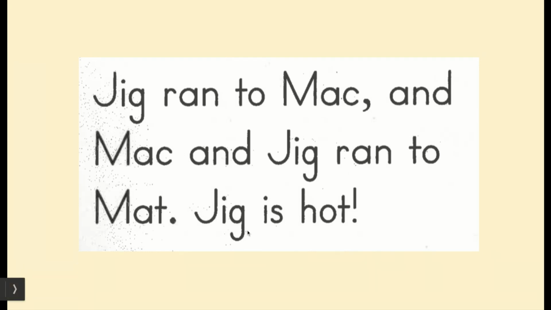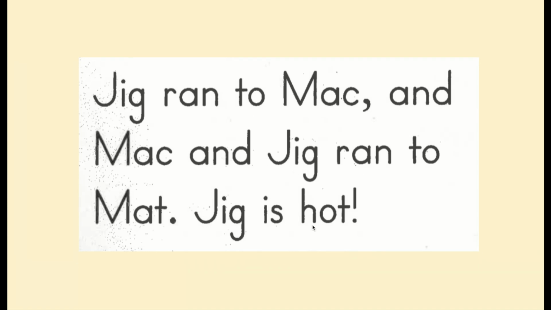Jig is hot. Now that's an exclamation point, so we need to read this sentence excited. Jig is hot. Now let's put it all together. Ready? Jig ran to Mac, and Mac and Jig ran to Matt.